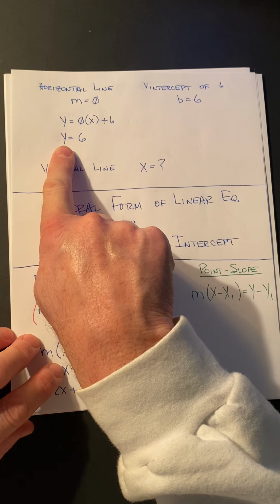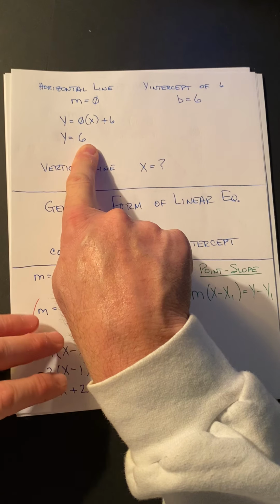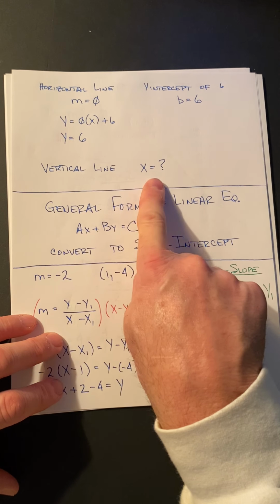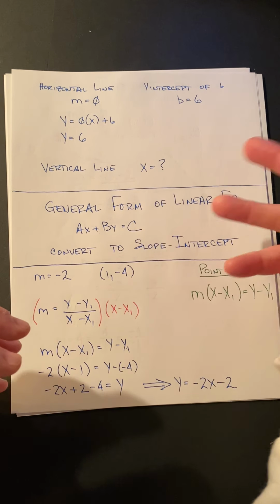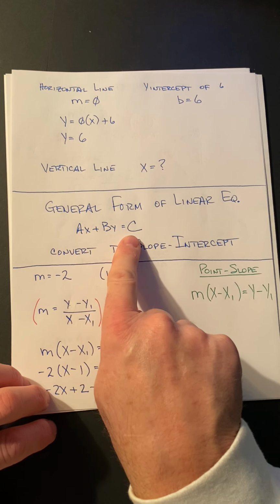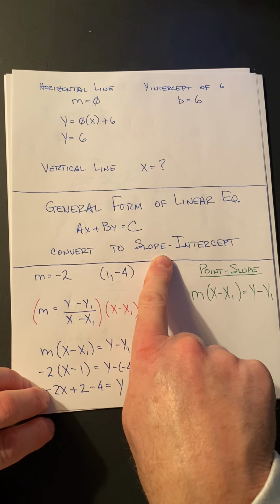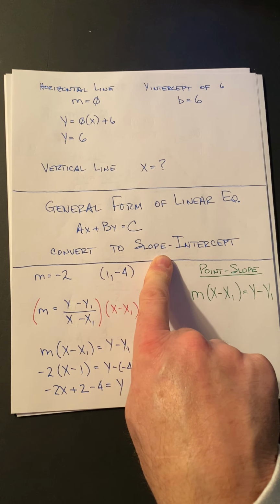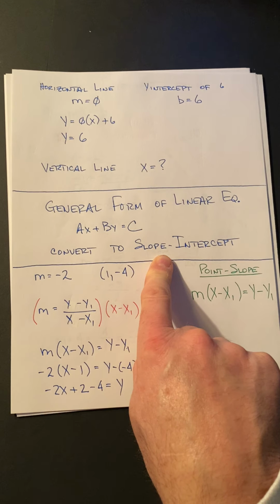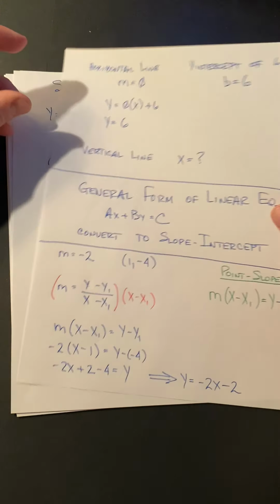Horizontal lines are always going to be of the format y equals, of course, the y-intercept. And a vertical line is always going to be x equals something. We talked about the general form of an equation, and we want to convert that to slope-intercept because that is what is so important in dealing with these lines, okay?